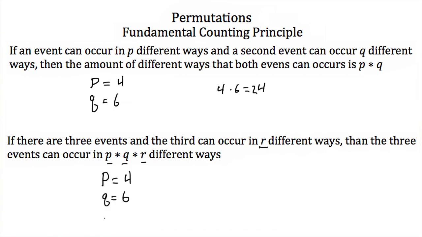So there are 2 different styles of car. That means R would be 2. So the total number of options or possibilities for a different car that Dana could end up with would be 4 times 6 times 2, or 48 different types of vehicles, color and style included.